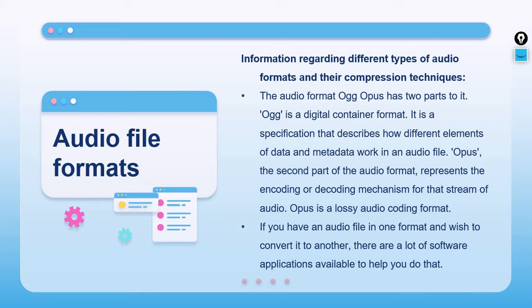So a program that opens a container file like OGG might not know how to decode it. Opus, the second part of the audio format, represents the encoding or decoding mechanism for that stream of audio. Opus is a lossy audio coding format.